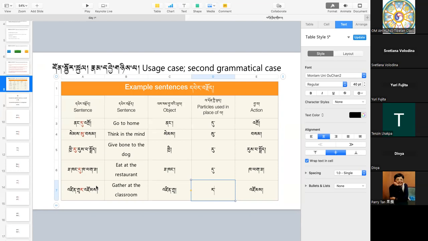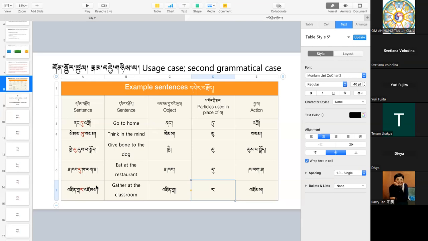But in any case, the main focus of today is the second grammatical case. So we'll just leave the first grammatical case there. The second grammatical case, the object on action sentence. So this is what we define as an object on action sentence.